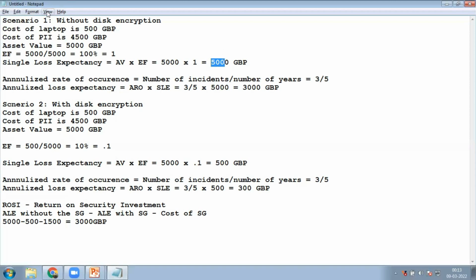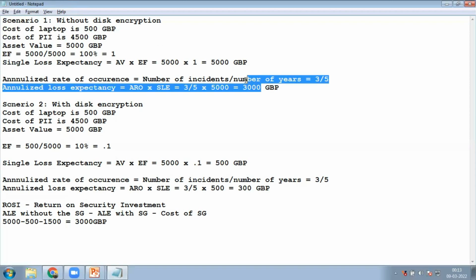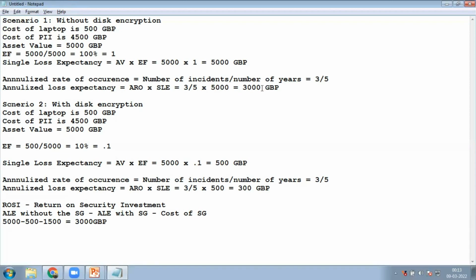So we calculate scenario 1 and we arrive at the annualized loss expectancy. Sorry, we need to look at the annualized loss expectancy, 3,000 British pounds, not 5,000 British pounds. If the safeguard is going to cost me more than 3,000 British pounds per year, it's not worth investing. So it should always be less than this.